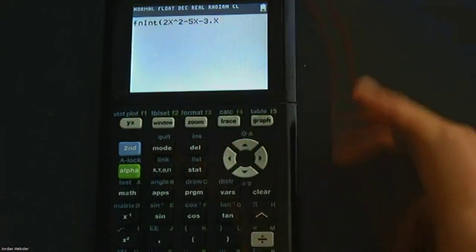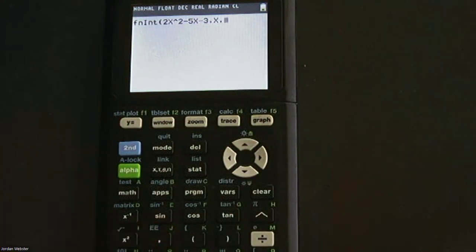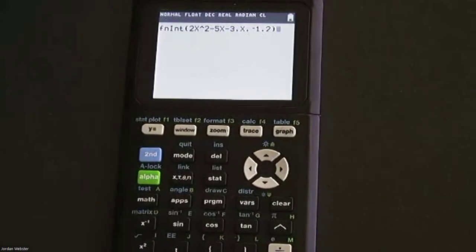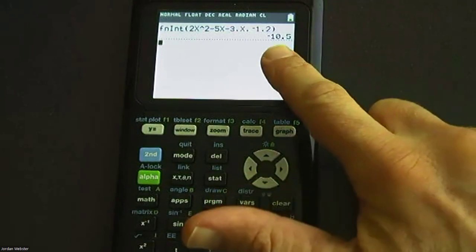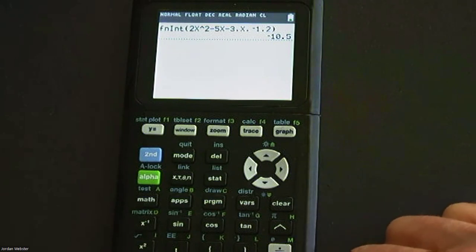Then the variable x, then again comma, and then -1, comma 2. So I'd be integrating that function with respect to x from -1 to 2. You see, you get the exact same thing you did with the math print feature.